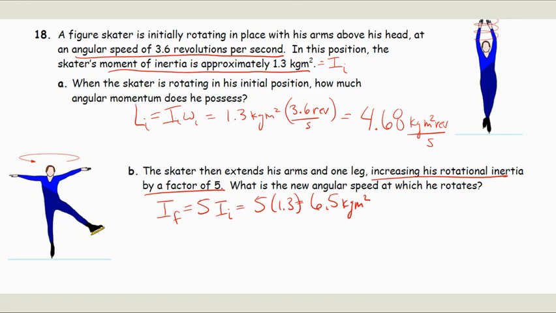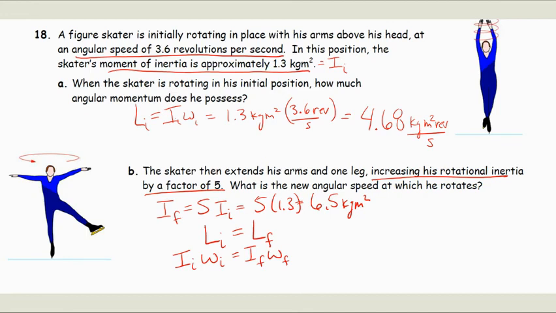It says, what is the new angular speed? Well, I know that my initial angular momentum is equal to my final angular momentum. So my moment of inertia initial times my angular velocity initial is equal to my moment of inertia final times my angular velocity final.